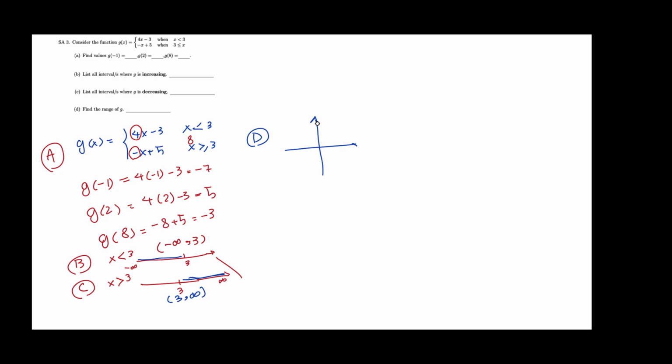In here, if I plug in x equal to 3, x equal to 3 is going to fit in here. So if I plug in g of 3, I will get -3 plus 5 equal to 2. And so at 3 and 2, 1, 2, 3, and 2, I have a line going downward like this.